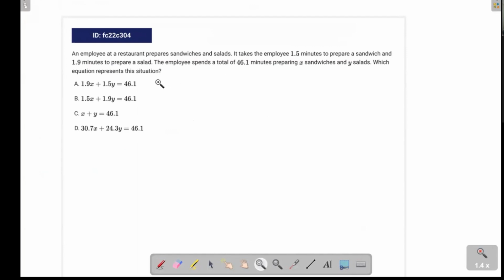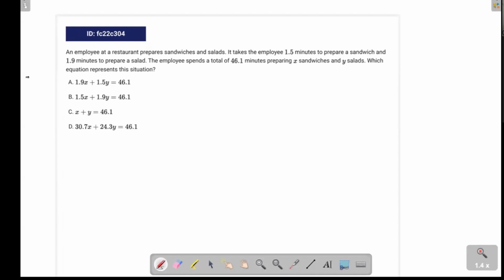Which equation represents the situation? Just relating time values. So we need to identify from the question, you have 1.5 minutes to prepare sandwiches, 1.9 minutes to prepare salads, and then it's a total of 46.1.